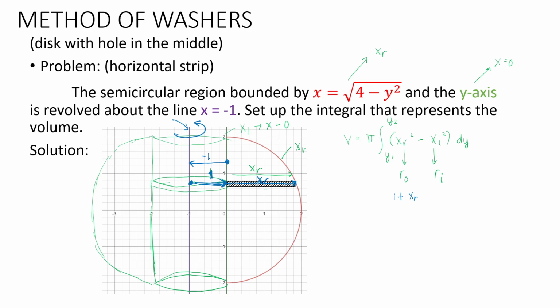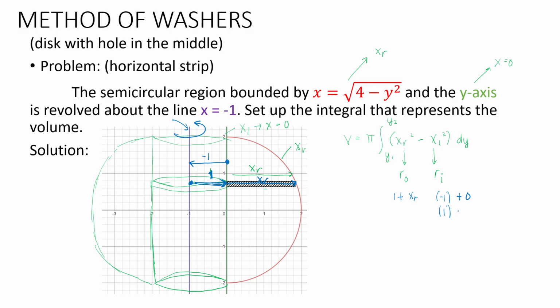So your inner radius is -1 distance, or 1 unit. So inner radius 1, -1, then plus 0.